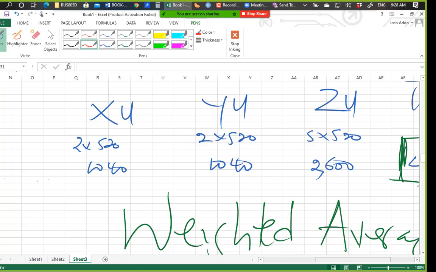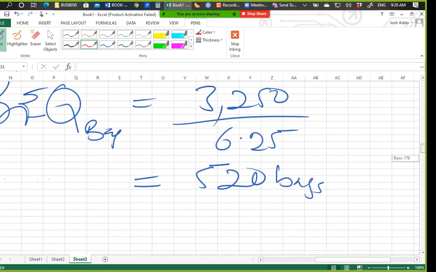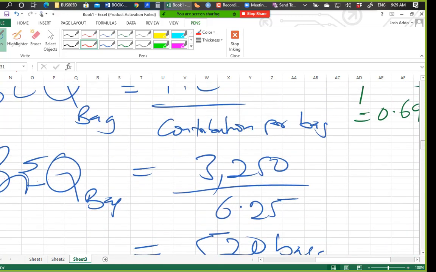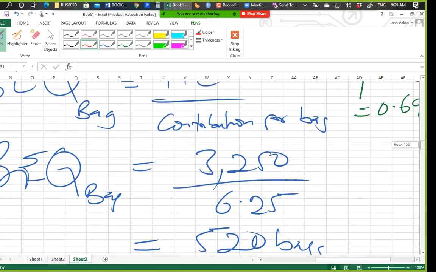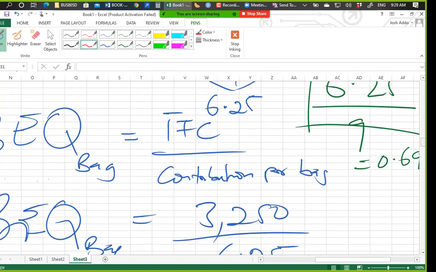Then you know that the only thing that is coming in is that you add the fixed cost. So for example, if you are approaching it from the bag approach, so you'll be asking what quantity of bags to be produced to get a target profit of, let's say, 1,000.